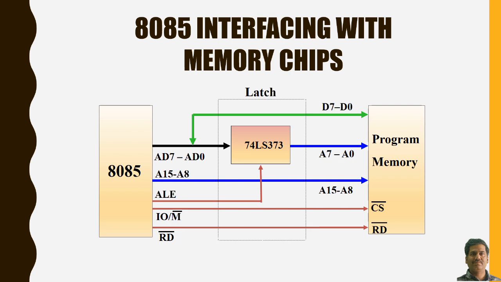Now it is up to the designer to design the proper chip select logic so that the chip will be selected right from the starting address to the ending address, which is required by the designer. So the overall picture is shown in this particular slide, how we are going to interface the 8085 with the memory IC.